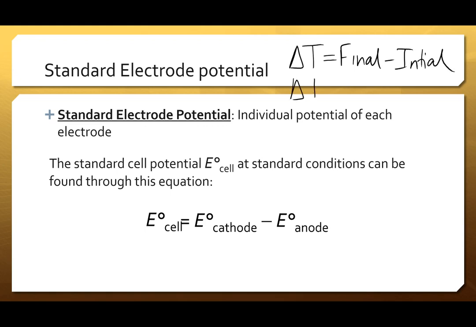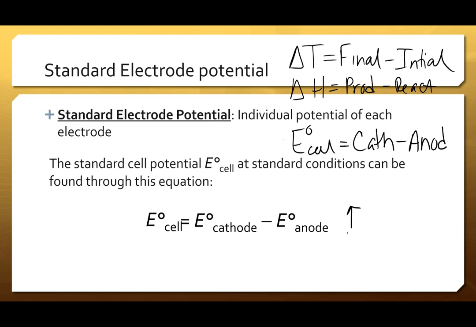And when we looked at change in enthalpy, it was still final minus initial. We just called it products minus reactants. And now that we're talking about an E cell potential, we're still doing final minus initial. We're doing cathode minus anode. Okay, so electrons always travel from the anode, that's the initial, to the cathode, that's the final. So we're still with the same theme, final minus initial, cathode minus anode.